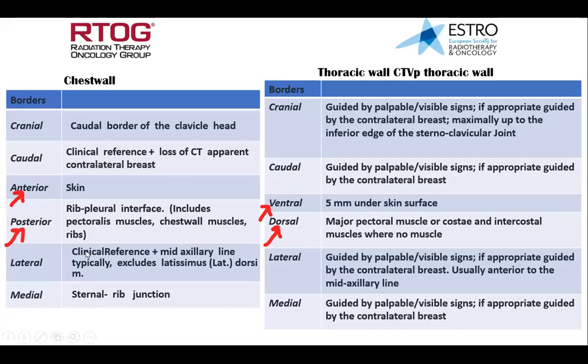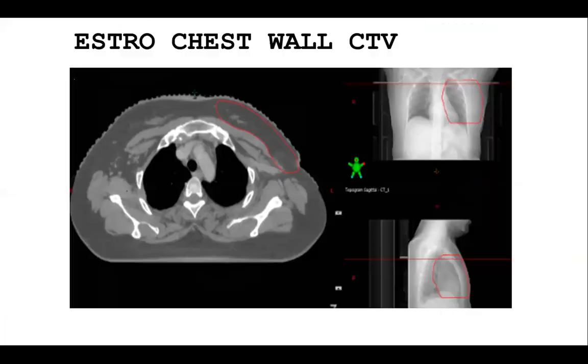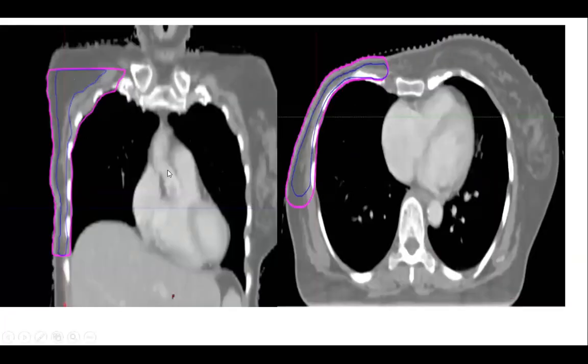Coming back to the lateral border, it is also similar. They take the clinical reference and the mid axillary line in both the groups. The medial border is also similar in both the groups, they take the sternal rib junction. So here we can see clearly that the RTOG volume is much bigger than the ESTRO volume.